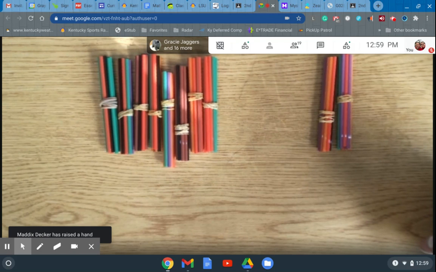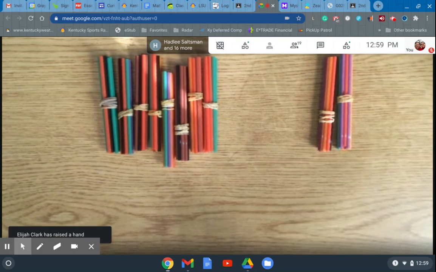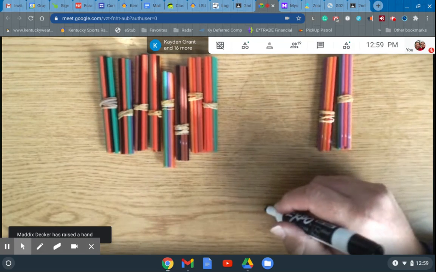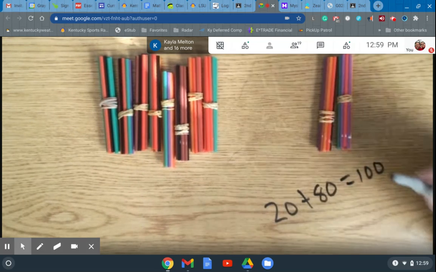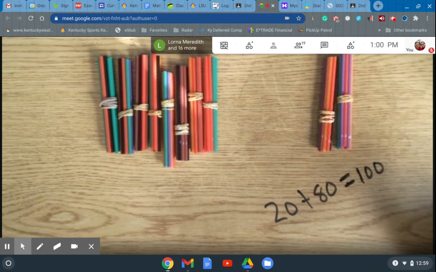If you add 80 to, if you add 20 to 80, it equals 100. All right. Wow. She said I add 20 and 80, and it gives me 100. Okay. That's her thinking here. Okay. Where's the 20?